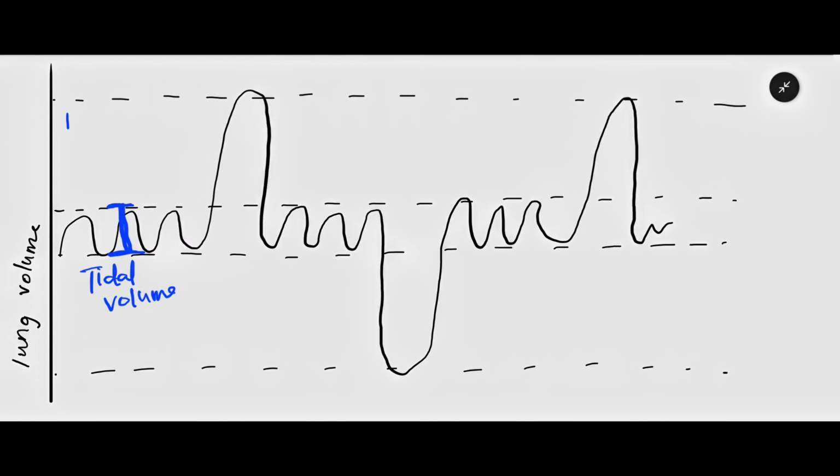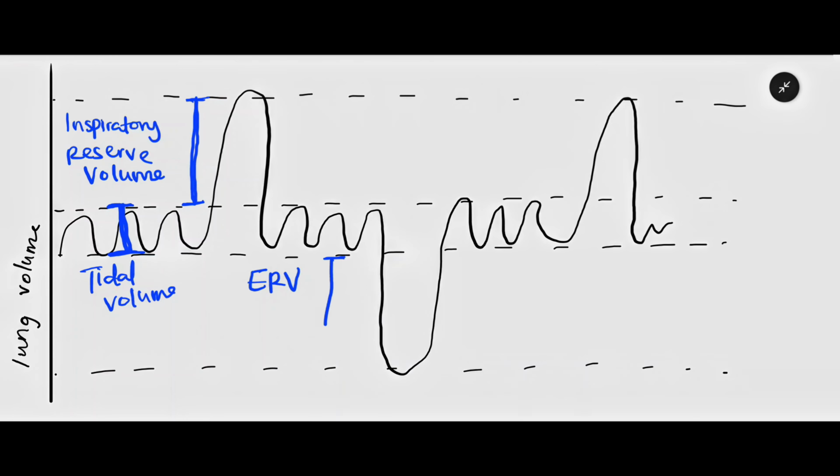Inspiratory reserve volume is this area here. Expiratory reserve volume, ERV, is this area here. Residual volume, RV, is this area here.